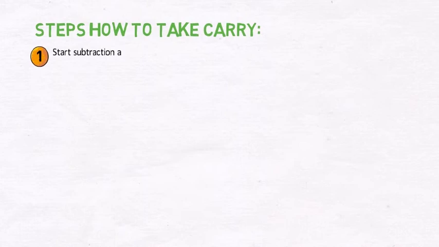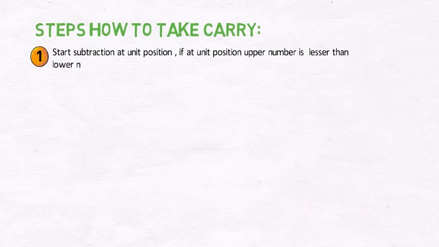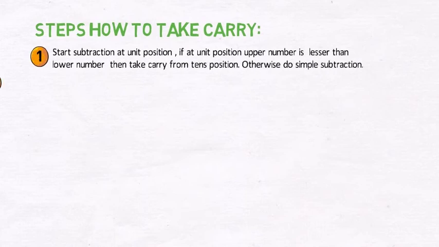Steps for how to take carry. Start subtraction at the unit position. If at the unit position the upper number is lesser than the lower number, then take carry from the tens position. Otherwise do simple subtraction.